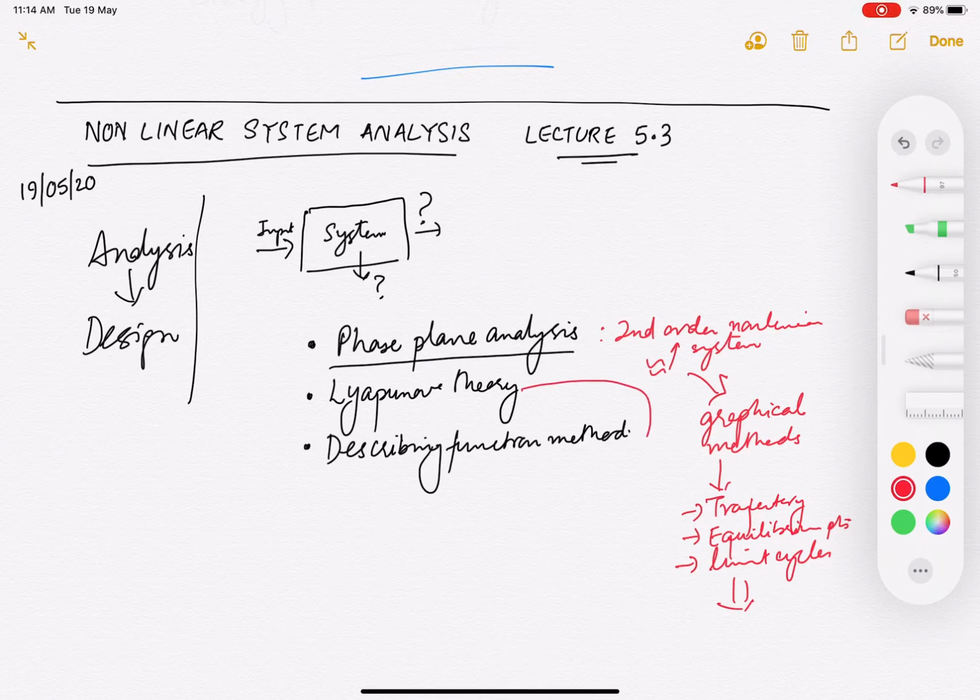Lyapunov theory concerns mostly the stability analysis of nonlinear systems, and there are two methods in this.